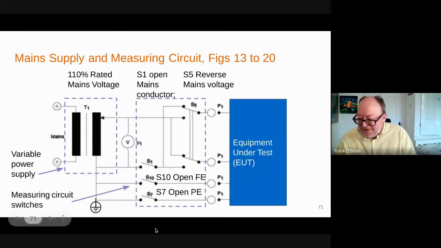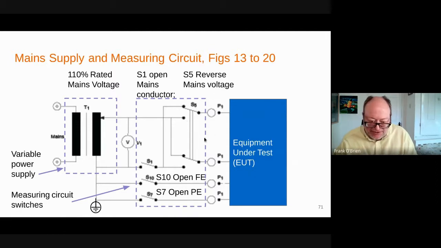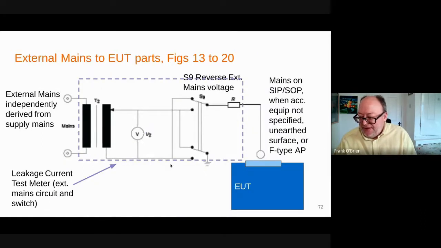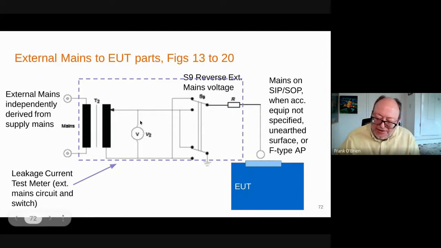And then these switches tend to be a box that's within a leakage meter or just a box with switches for the pass-through mains. If you want to apply mains to a surface, you need an independently derived source. There's no real current here, so it wouldn't have to be big, but you need to be able to reverse this polarity independent of this polarity, which is the mains.